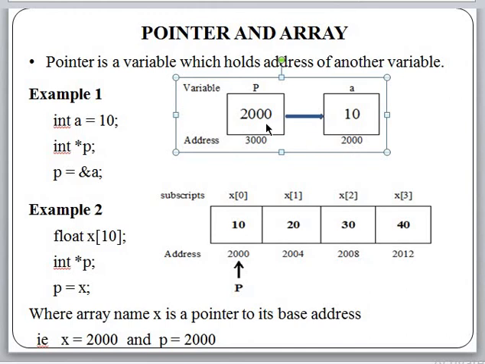Just observe this: 2000 is the value of this pointer p, and pointer p is stored at location 3000. This is just an assumption, it may vary from computer to computer. For explanation I considered these two addresses, a at location 2000 and p at location 3000. So p is a pointer which holds the address of a, and a is available there at 2000. That's why the value of p is 2000. So this pointer is able to access the value of a.